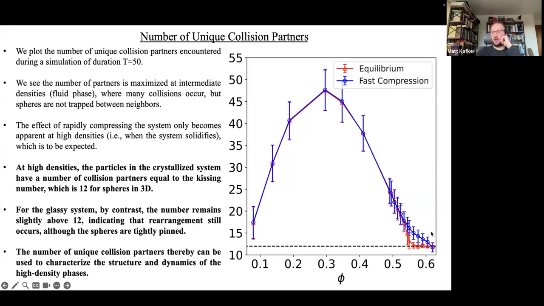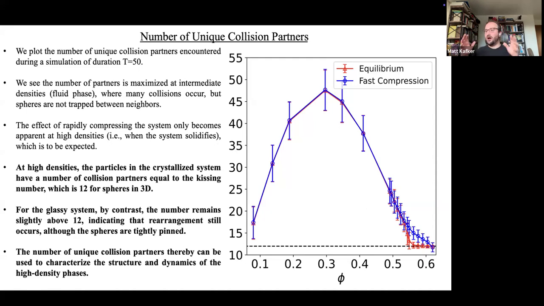So this here is in the solid regime. You're above the freezing threshold. And then what you see is the equilibrium rate dies to some specified value, and the rapidly compressed system does something slightly different. Not super different, but it is slightly different. So I guess the coarse feature to notice about this is that it peaks at some moderate density.